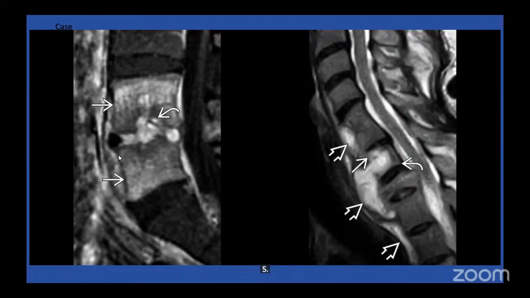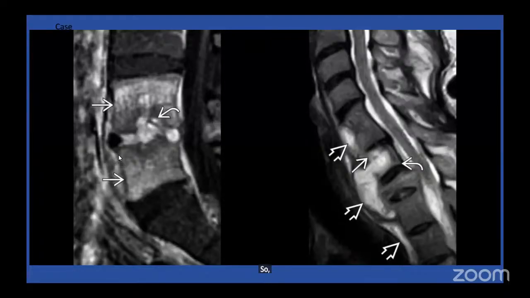So C5, the vertebral body height is reduced significantly, and then C6, there's what appears to be a vertebral planner with an abscess noted spanning from C5 to C6.